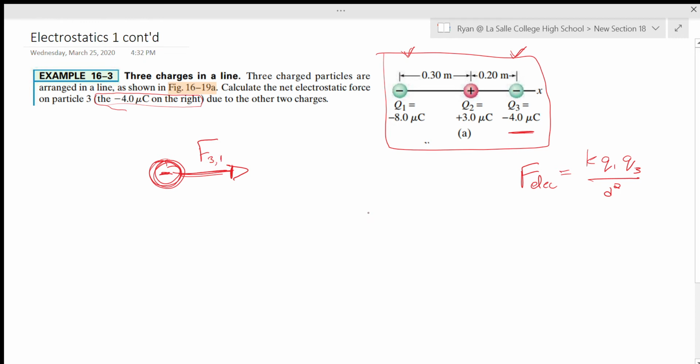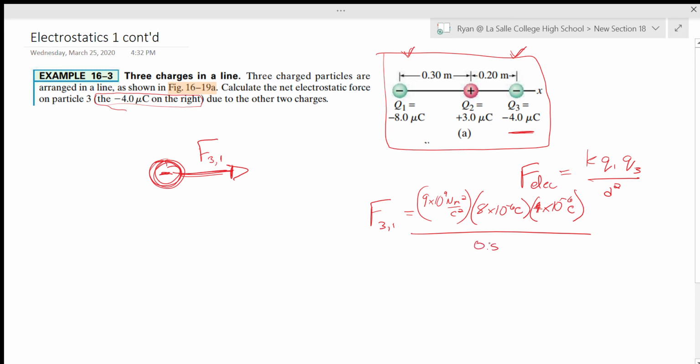So F31 is equal to K, 9 times 10 to the 9th Newton meters squared per Coulomb squared, that's the constant K, times charge Q1, which is 8 times 10 to the negative 6 coulombs, and then charge Q3, 4 times 10 to the negative 6 coulombs, because microcoulombs are negative 6, all over the distance between them, which in this case is 0.5 meters squared.